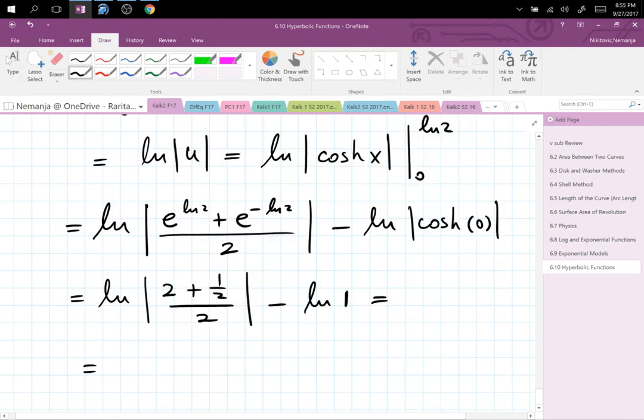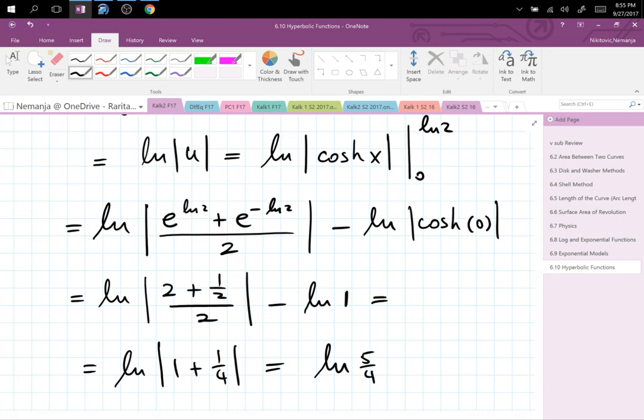So what I have here is ln of 1 plus 1/4, and the answer is ln 5/4, whatever that works out to be. Remember the trick that this negative goes as the exponent, so 2 to the negative 1 becomes 1/2. E cancels ln, and that's your 1/2. And then 2 divided by 2 is 1. Half divided by 2 is 1/4. Keep the plus. 4/4 plus 1/4 is 5/4. And you walk away.